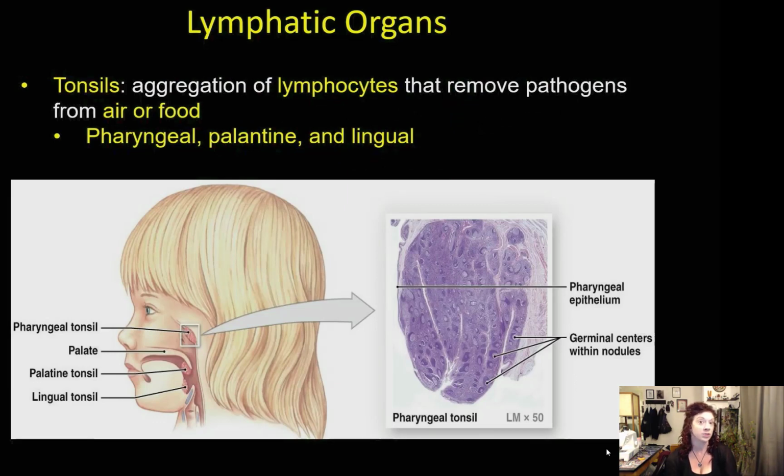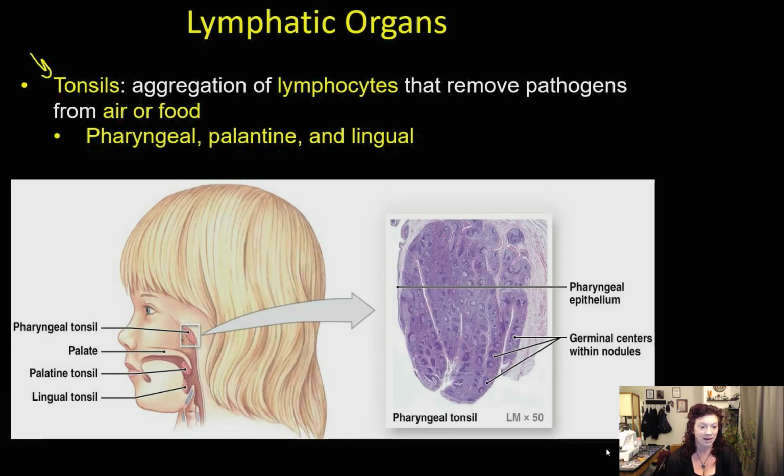Next lymphatic structures you need to know about are called tonsils. Tonsils are aggregations of lymphocytes that help to remove pathogens from either the air you're inhaling or the food you're consuming. For that reason, your tonsils are located along your airways and at the back of your pharynx.